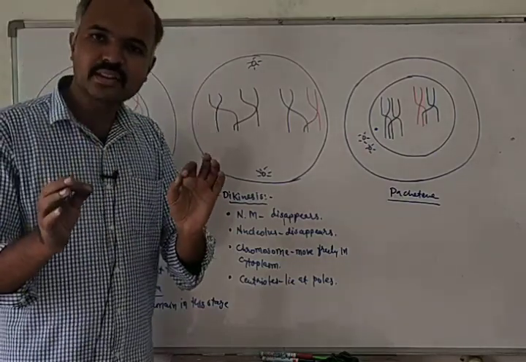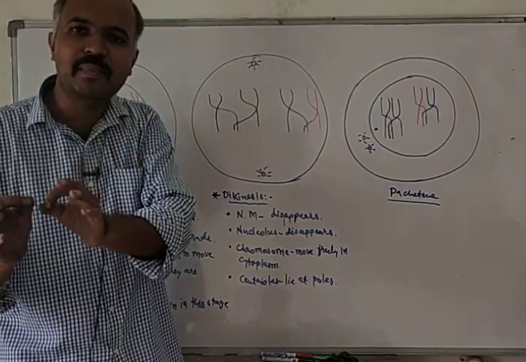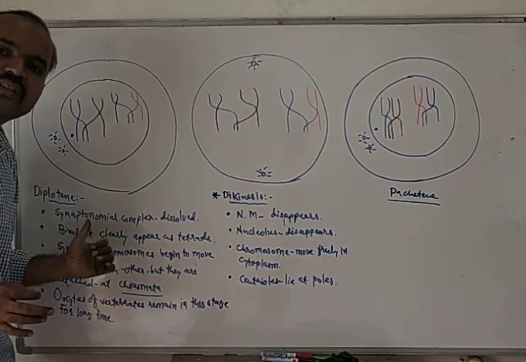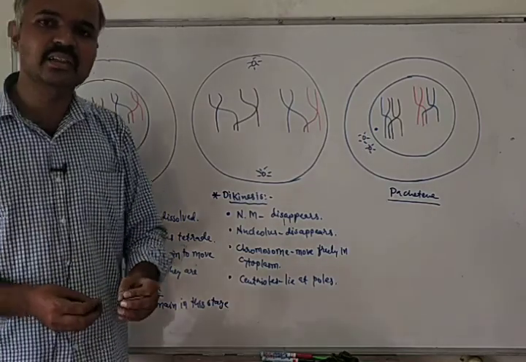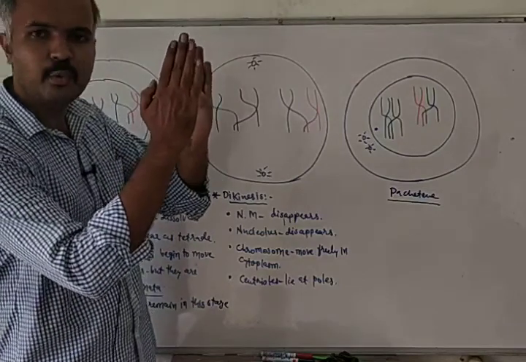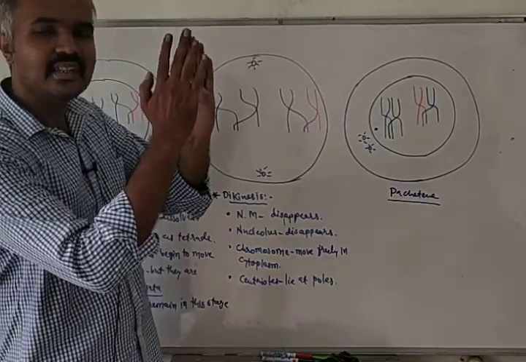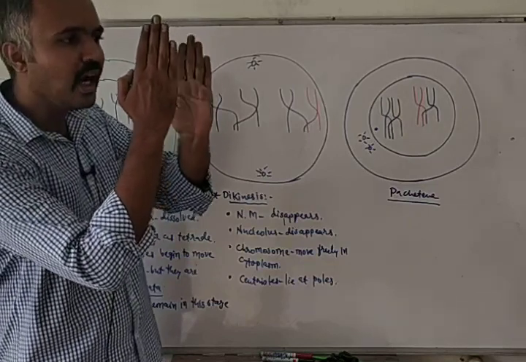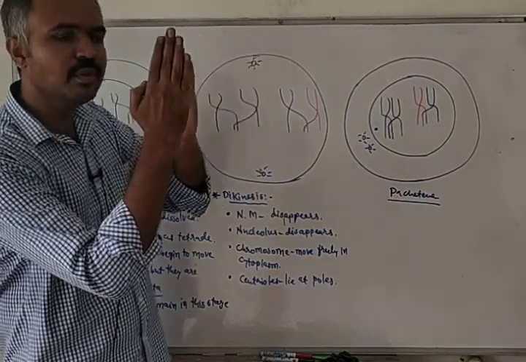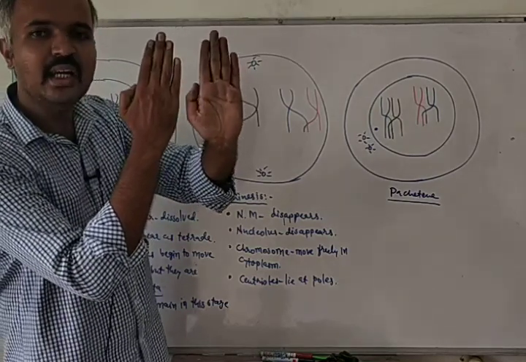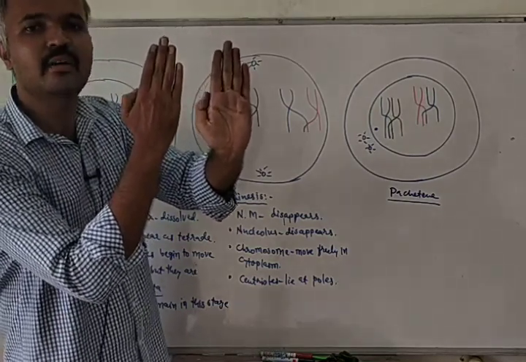The first event is dissolution of the synaptonemal complex, and as it gets dissolved, the second chromosome which was lying behind the first chromosome will come in front and lie adjacent to the first chromosome.